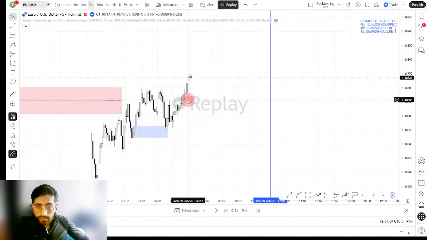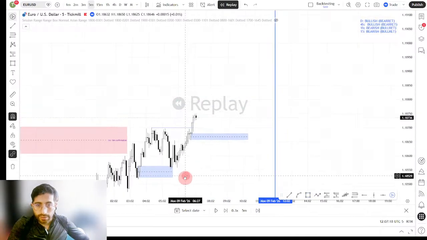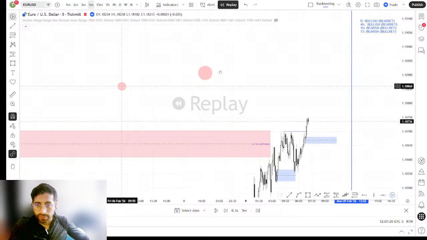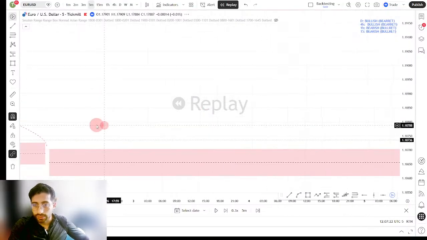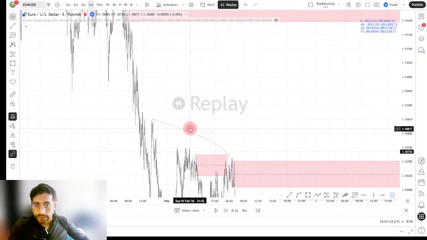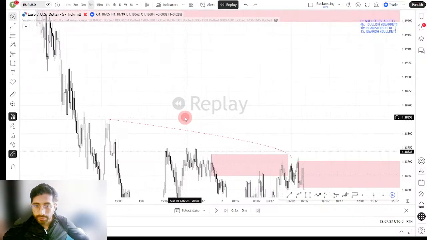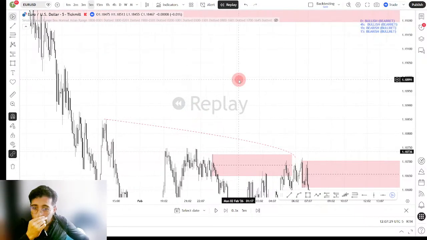Now I'm gonna look for a potential entry point that may be with this one. And with this, I'm gonna see if I can grab a little bit of money from this movement until the liquidity is taken. But how much? Maybe.